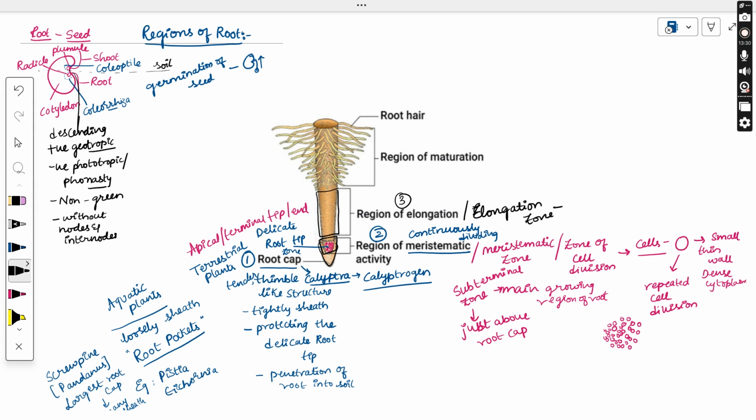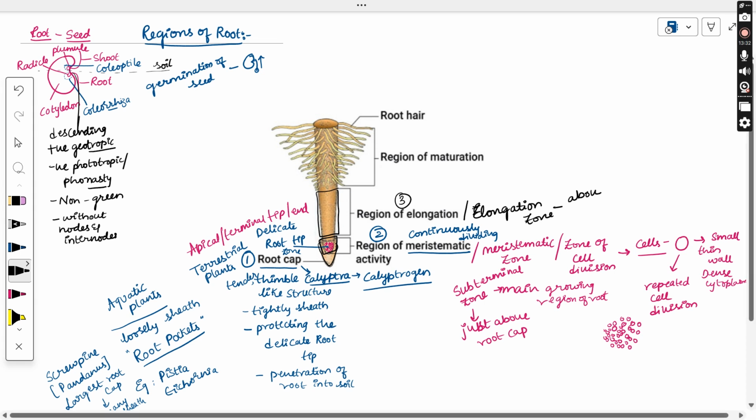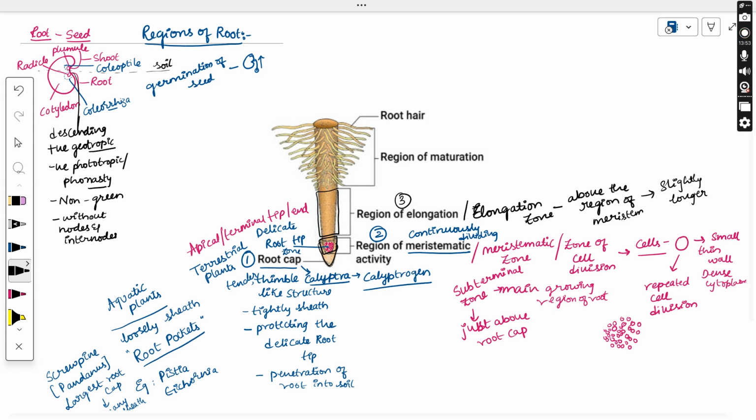The elongation region is present above the region of meristem. Here it is a slightly longer region when compared to the remaining zones, the meristematic or the maturation region.